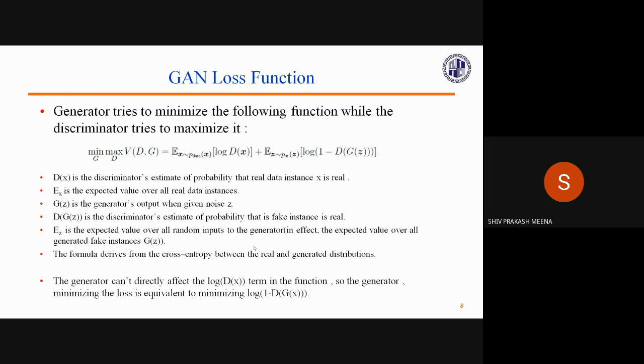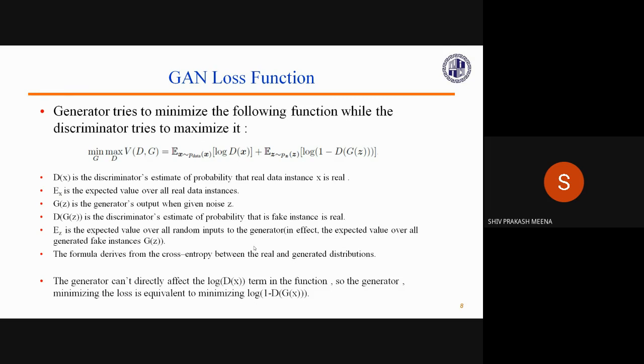I have to feed this generated data into the discriminator and predict the opposite. I don't want my discriminator to predict zero. That's why I am using 1 minus D of G of z.